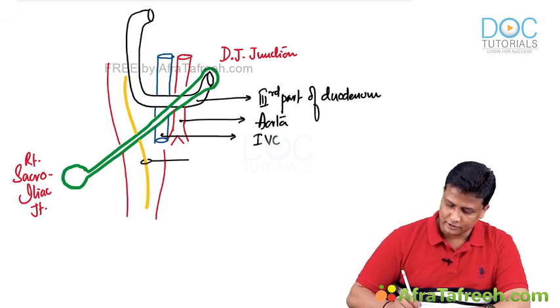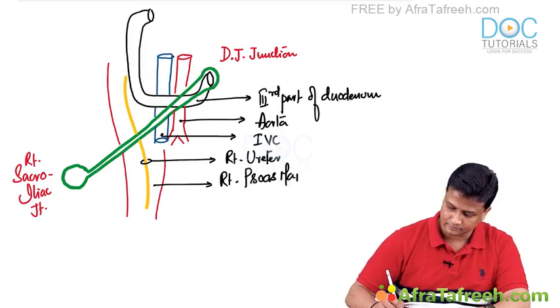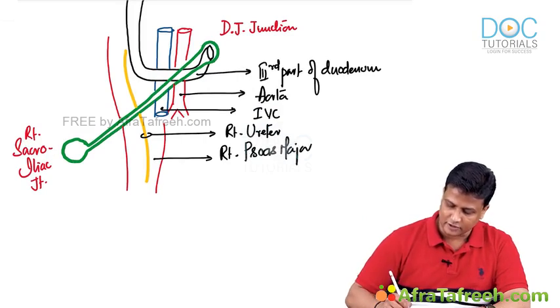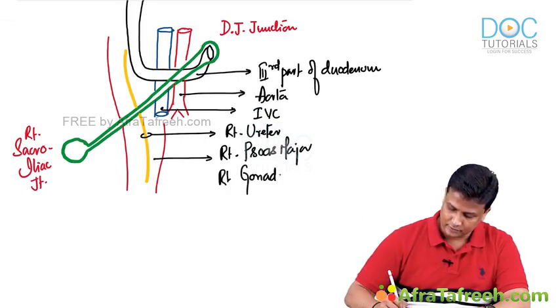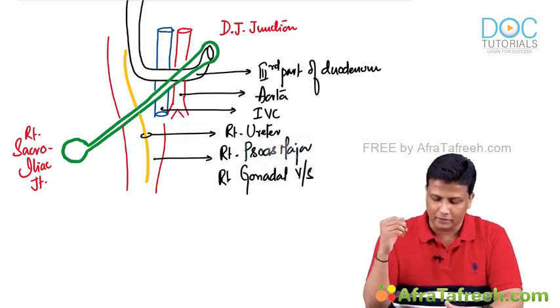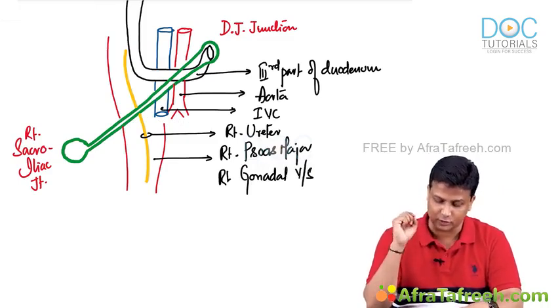And then of course the right ureter, the right psoas major. And then, yes, I'm not drawing it here, but try to add the right gonadal vessels also. The diagram will become more complicated if you draw that, but just try to imagine you even have the right gonadal vessels over there.